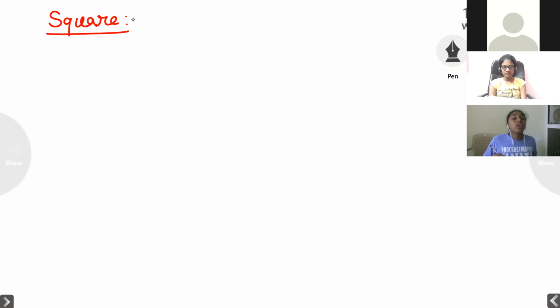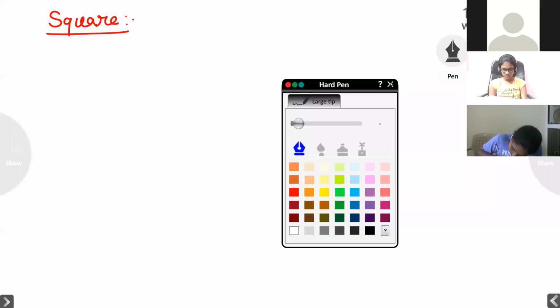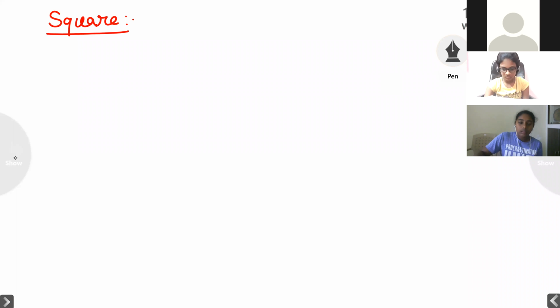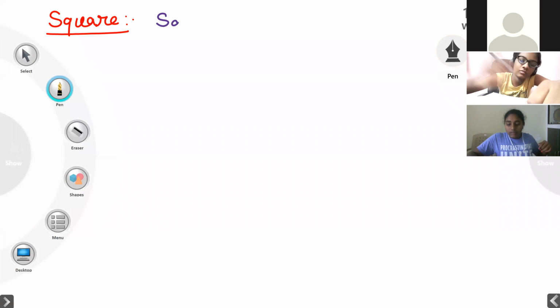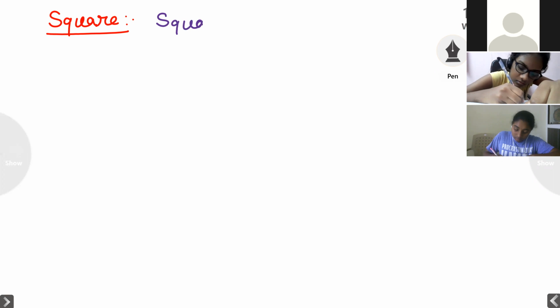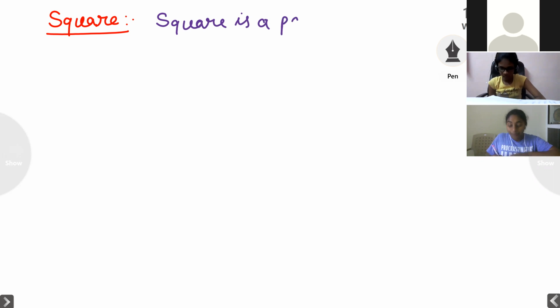Parallelogram. Note down. Then we can say a square is a parallelogram. Square is a parallelogram with all sides equal.